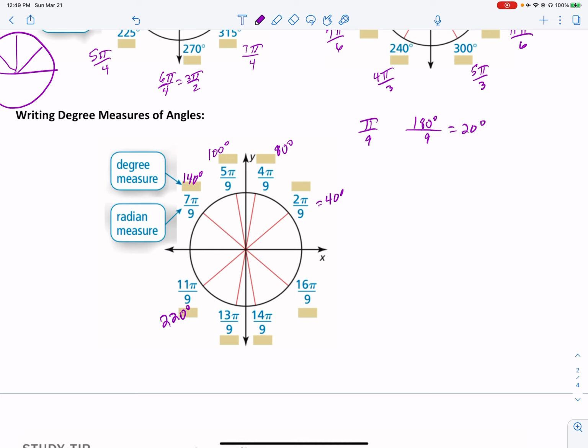And 13 sets is going to be 260 degrees. It's 40 degrees plus 220 is going to be your 260. And then 14 is 20 degrees beyond the 260. That's your 280 degrees, or 14 times 20, 280. 16 times 20 is going to be 320 degrees.